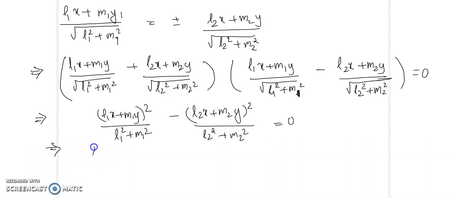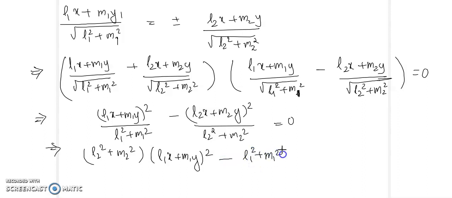Cross multiplying, you will get L2 square plus M2 square into L1x plus M1y whole square minus L1 square plus M1 square into L2x plus M2y whole square equal to 0.